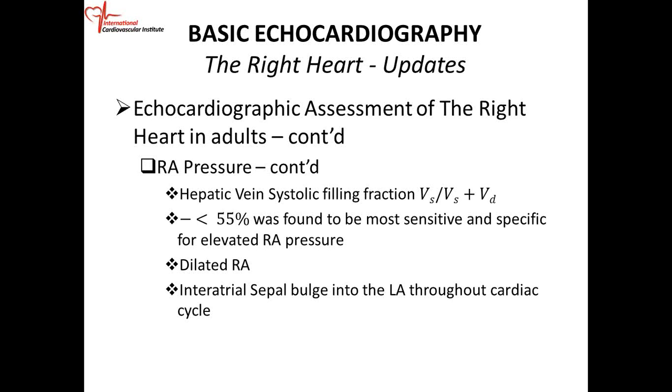So ask your instructors to show you how to do this. You first do your subcostal view, you outline the IVC, you put your cursor there, and then you press the M mode button, and you can see a good length of the IVC, and you can look at inspiratory collapse.